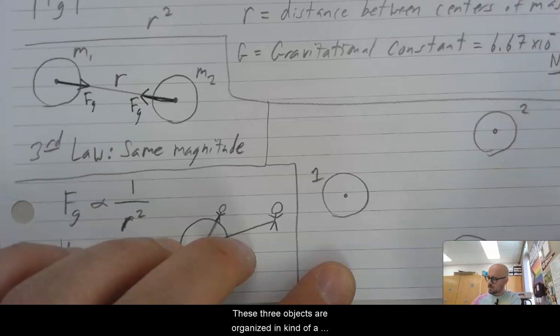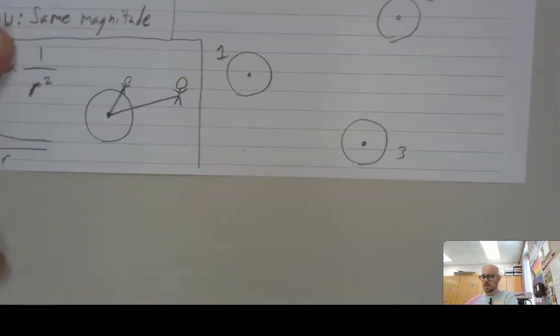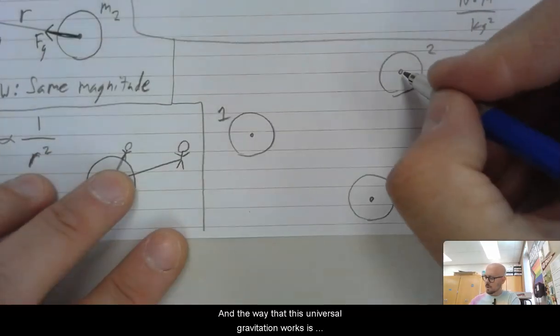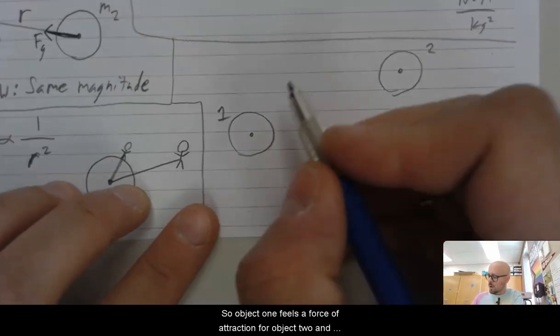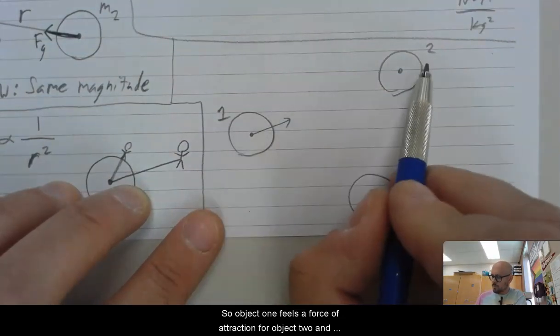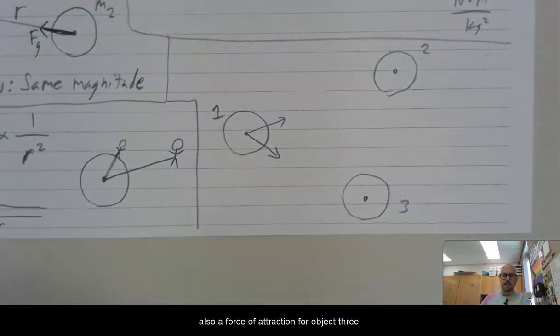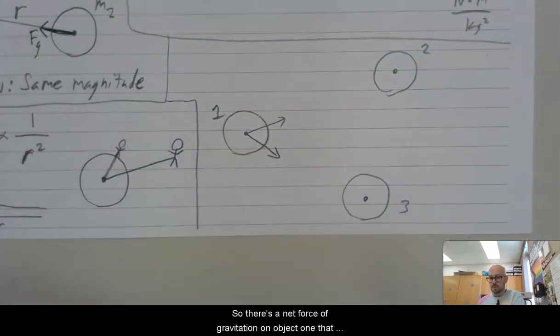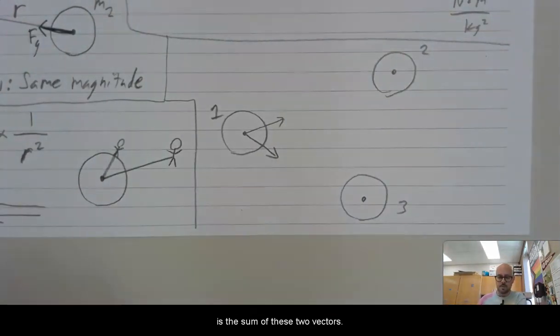These 3 objects are organized in kind of a triangular arrangement, and the way that universal gravitation works is that they all attract one another. So object 1 feels a force of attraction for object 2 and also a force of attraction for object 3. So there's a net force of gravitation on object 1 that is the sum of these 2 vectors.